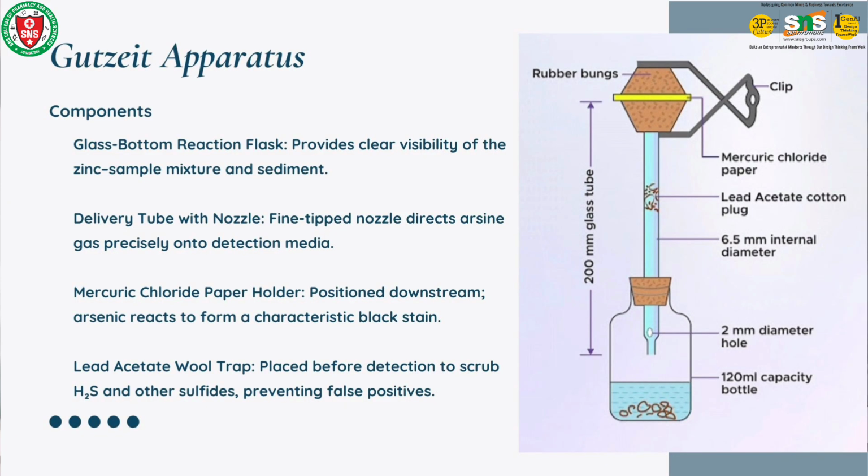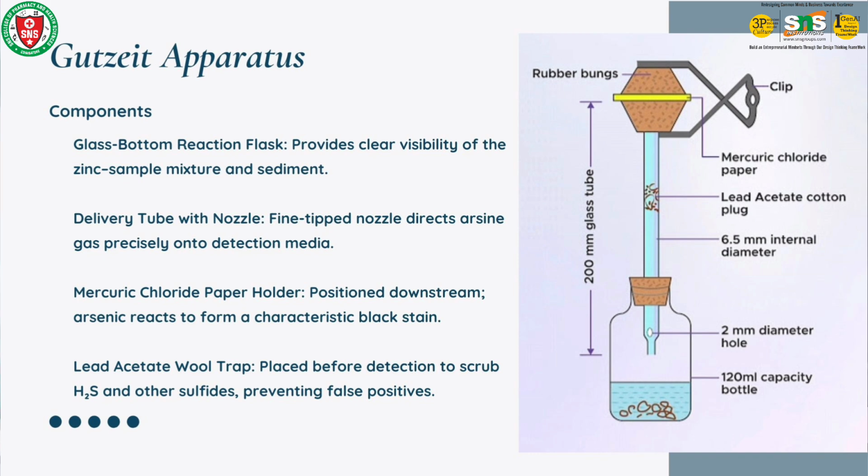Now this entire reaction is happening inside our flask. The flask, like I said, has a hollow tube inside it, and this hollow tube is connected to a rubber cork. In that rubber cork we place some lead acetate cotton wool to prevent the escape of any gases like hydrogen sulfide.